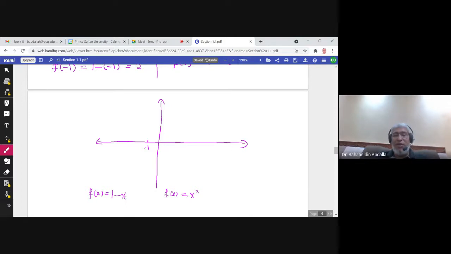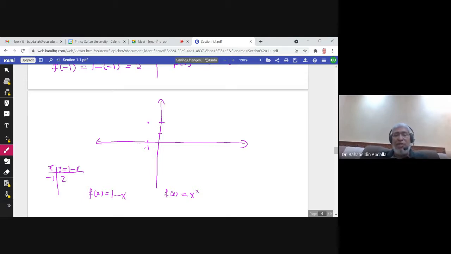The graph of this function is just a straight line. To graph a straight line, I need 2 points. y equals 1 minus x, 2 points. I need to choose x equals -1 because -1 is the border. So 1 minus -1 is 2. So at -1, it is 2, okay?